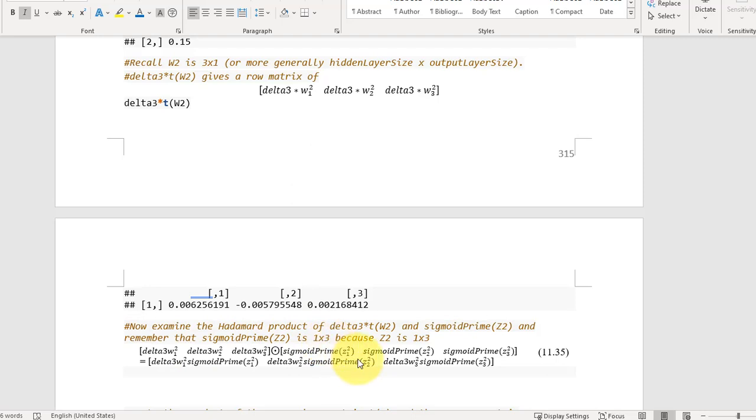Sigma prime of Z2 is a matrix, so we're taking sigma prime of each element of that matrix: sigma prime of the first element, sigma prime of the second element, and sigma prime of the third. We see that this is a 1 by 3, and this is also a 1 by 3. So we can do the Hadamard multiplication here, and we get this one times this one, and then this one times this one, and this one times this one, which is what we have here.